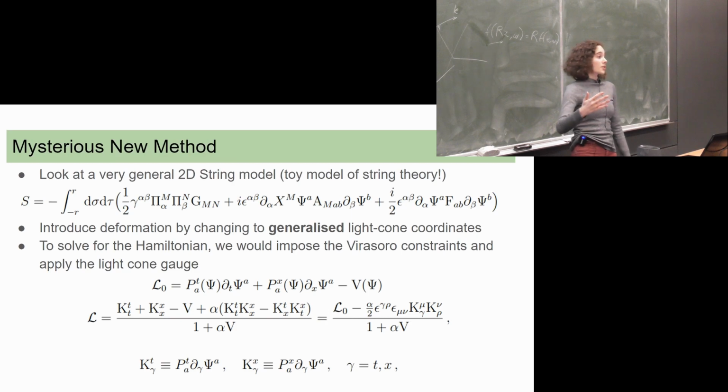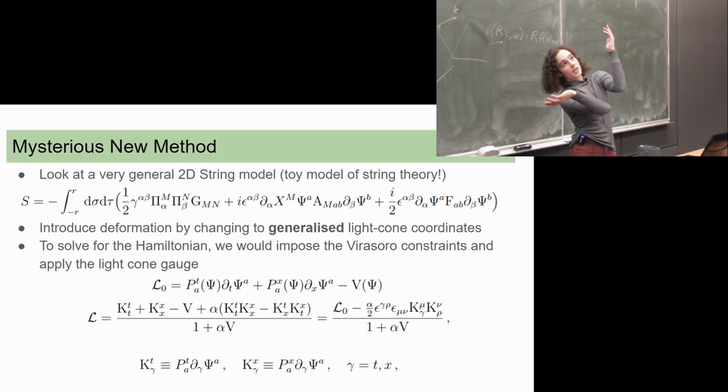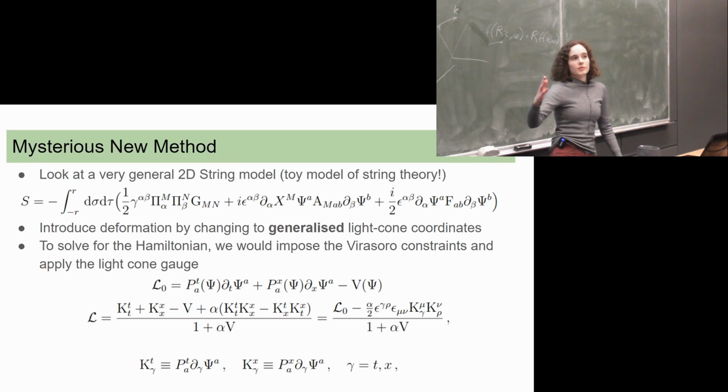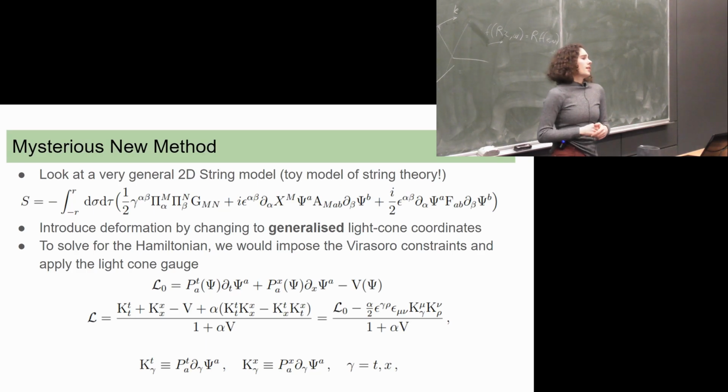The usual procedure is you switch to light cone coordinates, which is just, if you have a time direction and some spatial direction, rotating it 45 degrees. You fix a specific gauge, and everything's fine. You can then find even your Hamiltonian in terms of all the other fields, or in this case, variables, or both.